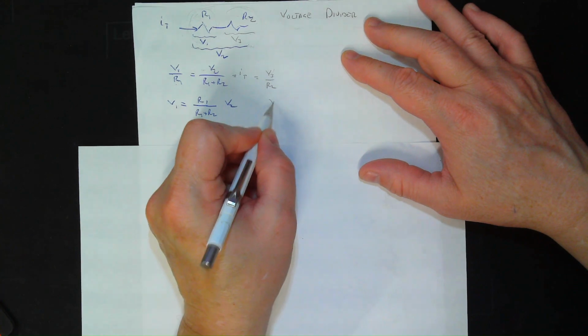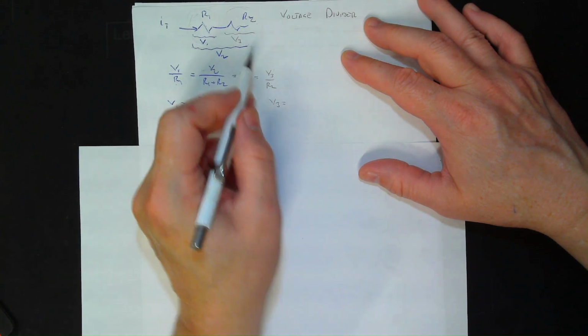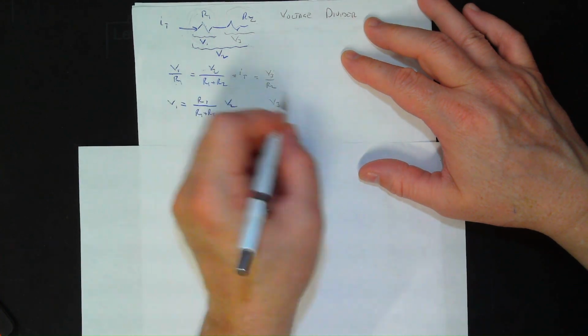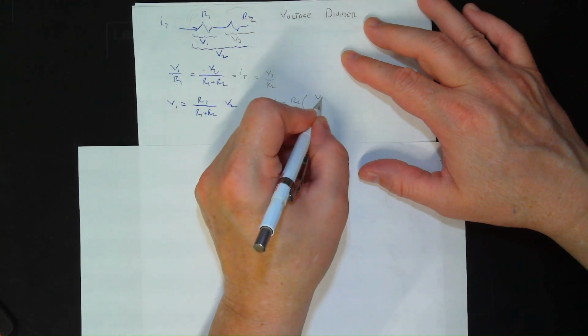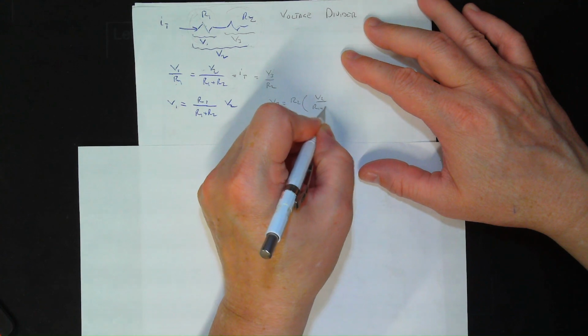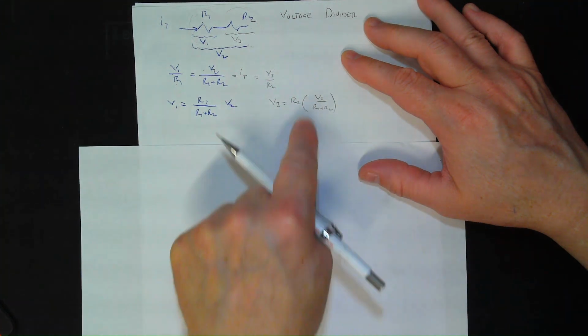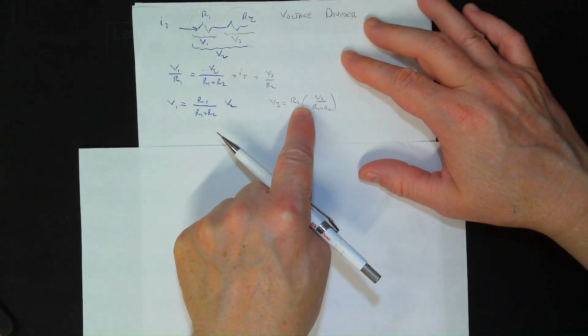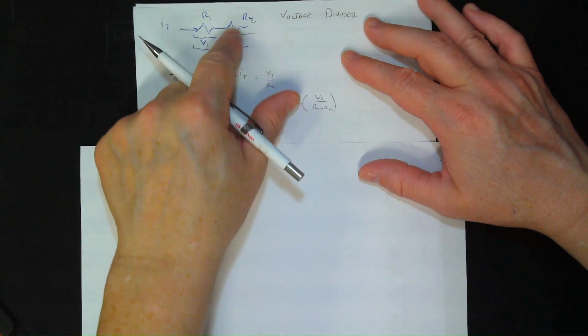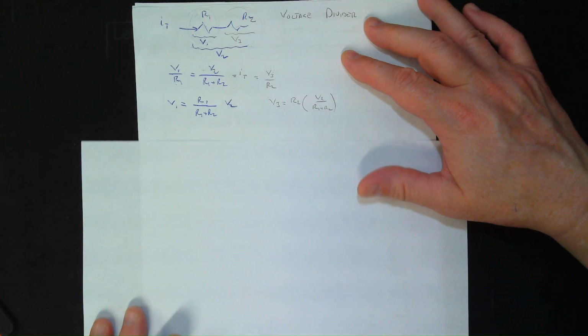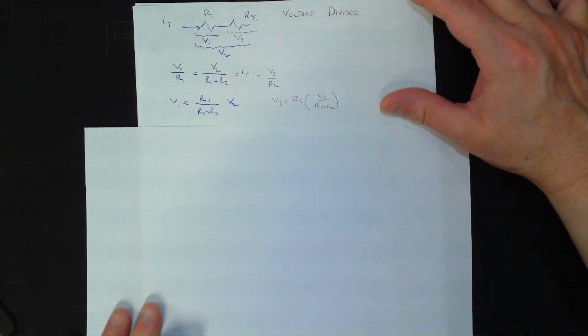Naturally, I could get V3 as R2 times V2 divided by R1 plus R2. This would be the portion of the voltage dropped through there. Voltage isn't moving, so that's not the proper way to say it, excuse me.